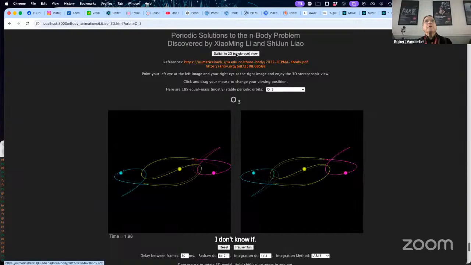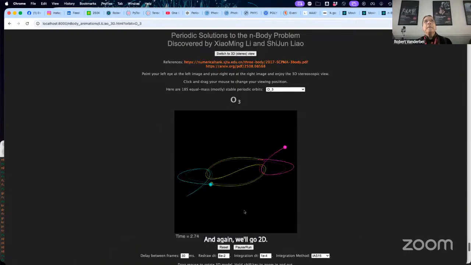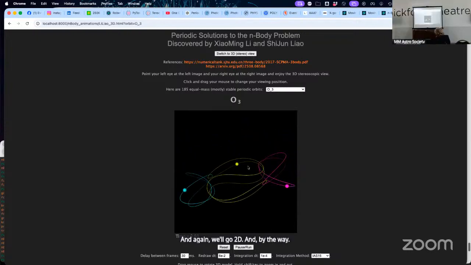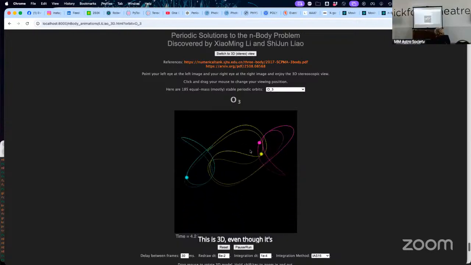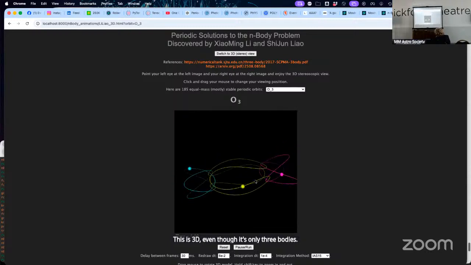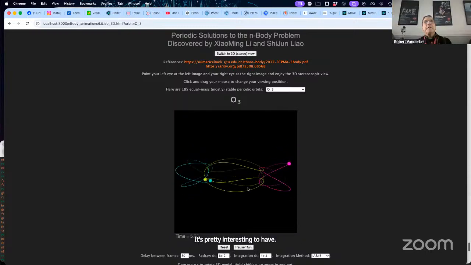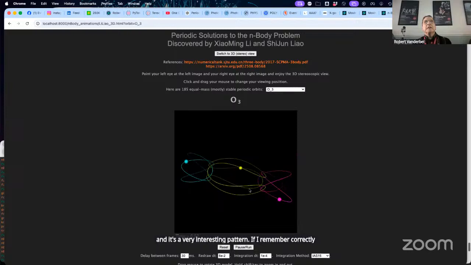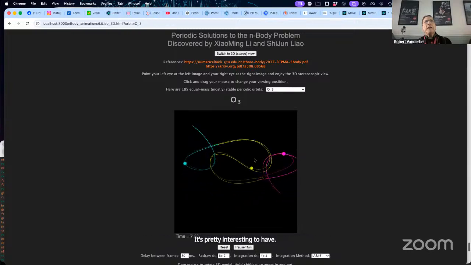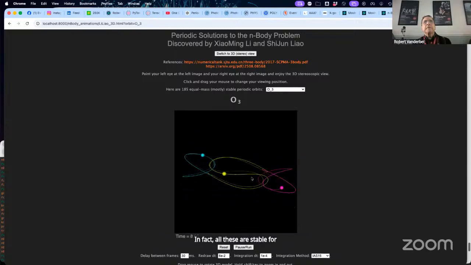And again, we'll go 2D. By the way, this is 3D, even though it's only 3 bodies. It's a very interesting pattern, and if I remember correctly, this one's stable. In fact, all these are stable, if I remember correctly.